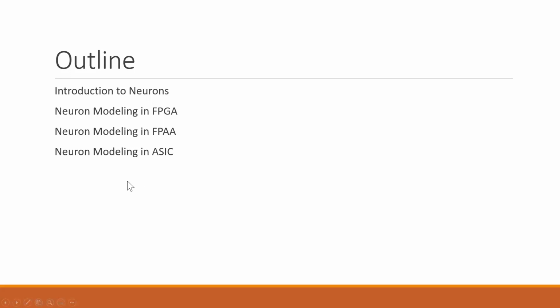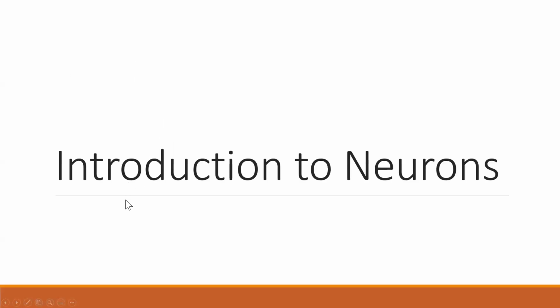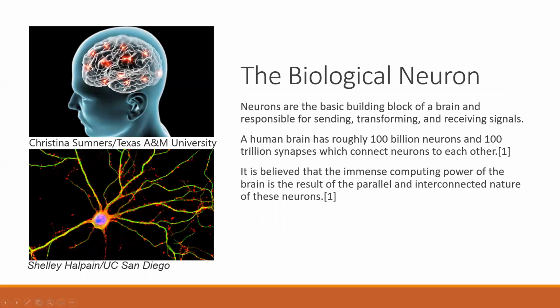So first thing we're going to do is have a look at what neurons are, and that there are two major classes of neurons, both biological and artificial. The biological neurons are the basic building blocks of the human brain, and they're responsible for sending, transforming, and receiving signals. The human brain has roughly 100 billion neurons and 100 trillion synapses, which connect these neurons to each other.